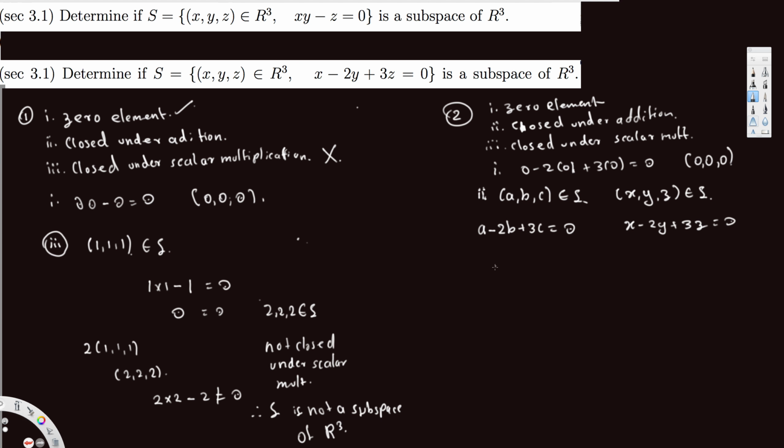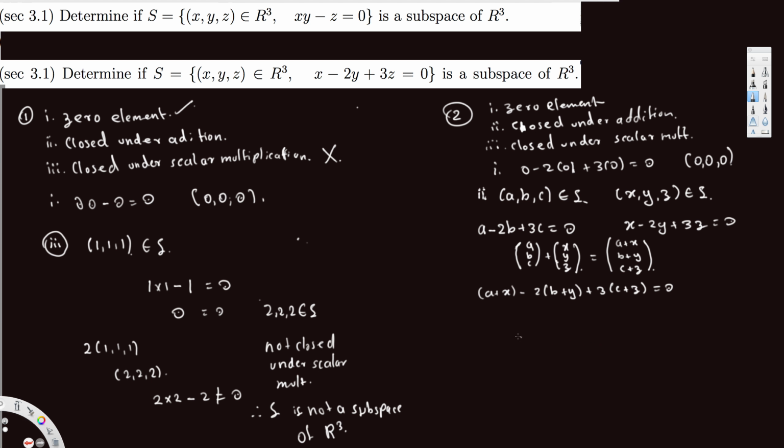If this is true, it should be true for addition. So let's see: (a, b, c) plus (x, y, z), adding them together, we get (a plus x, b plus y, c plus z). So in this case, a plus x minus 2 times (b plus y) plus 3 times (c plus z) should be equal to 0.